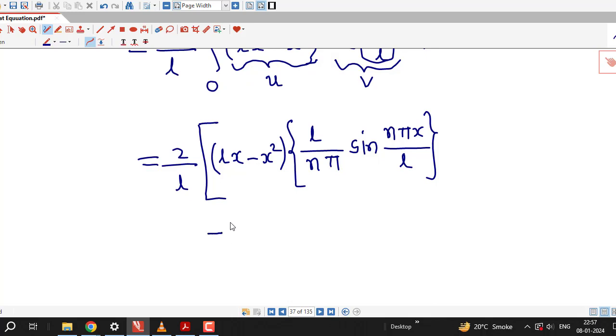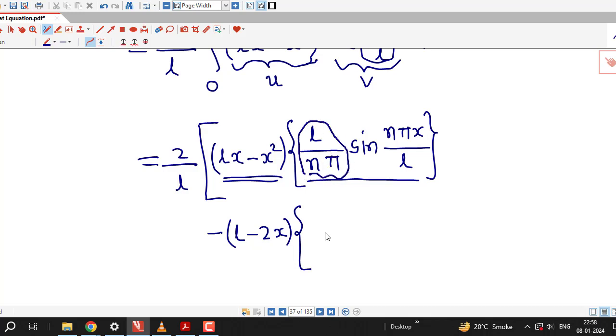Then we have the negative sign from the formula, and then we write the derivative of this with respect to x, which is L minus 2x. And in the product we have to write the integration of this bracket. The integral of the sine function is minus cos(n pi x over L) divided by n pi over L, that will multiply as L over n pi with this L over n pi.